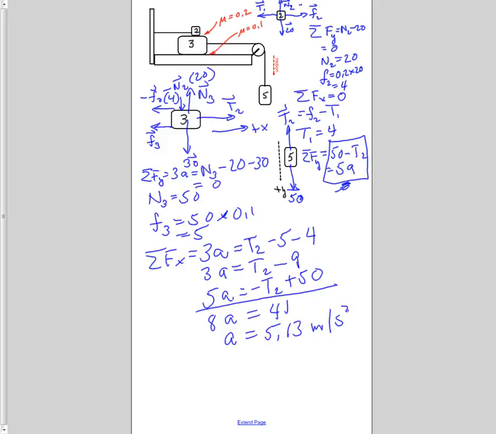And then we can find T2 from either of those two equations. And when you do that, you will find that it is 24.4 newtons. And that's the end of that problem.